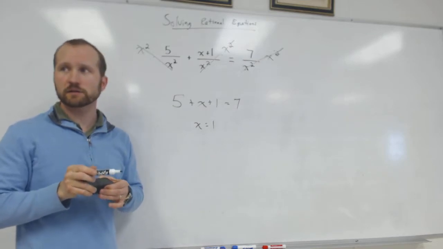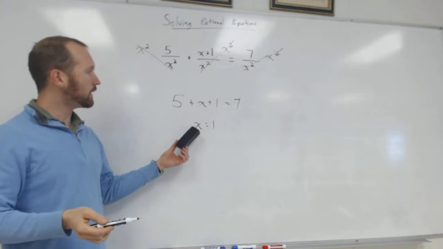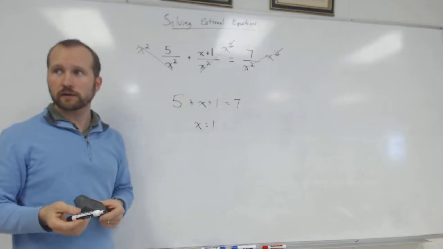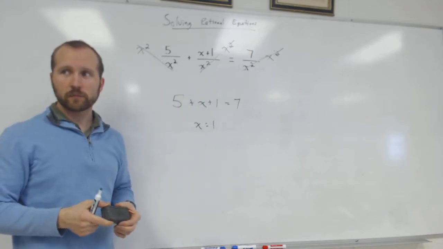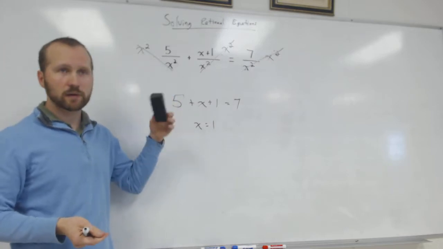Now there's one other step that you have to do, which is you have to go back to that idea of excluded values. Would x equals 1 be an excluded value in this original problem? No, because the denominator doesn't say x minus 1.